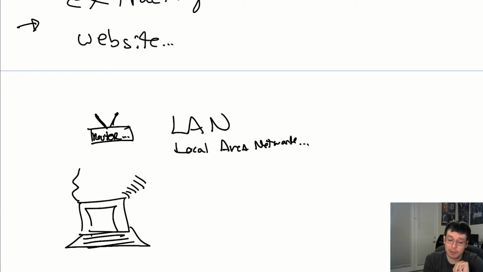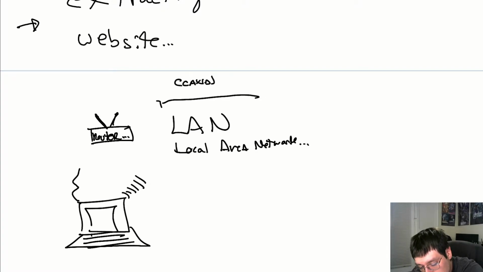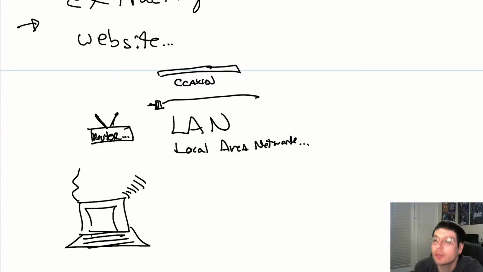Now that main pipeline to the internet comes to your house in the form of a coaxial cable, usually, which will look like that with a little screw. It's kind of like the one you use for your cable TV. It could also come through fiber, which will look just like a transparent straw, and that's optic fiber.